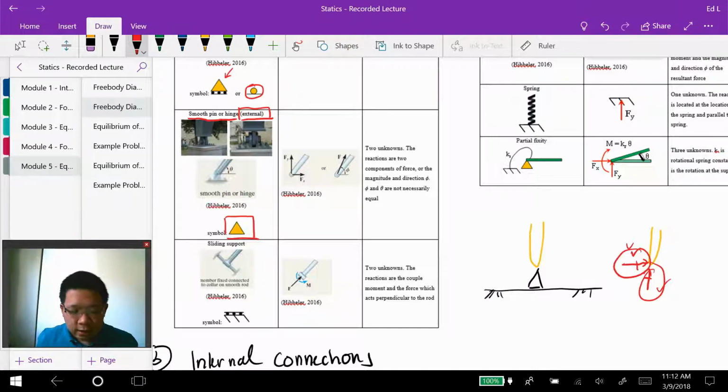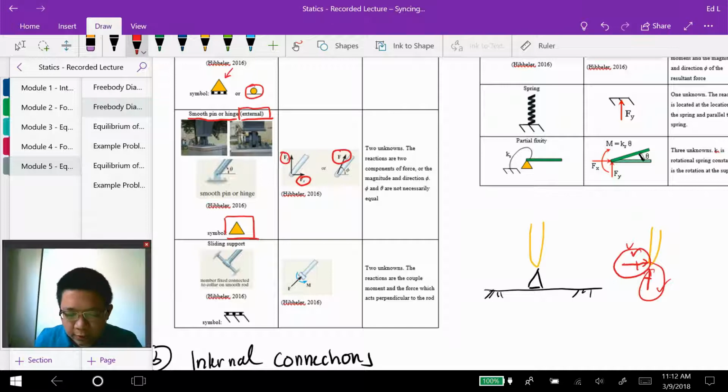And of course, once you obtain the reaction forces in the horizontal and vertical directions, you can find the resultant using the method that we have discussed in previous modules.